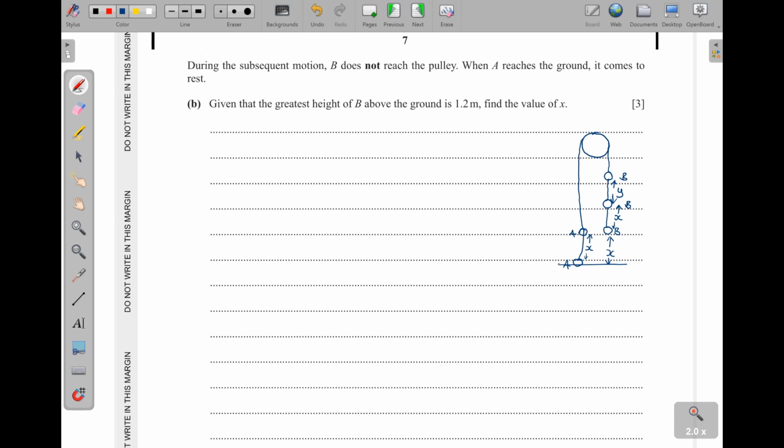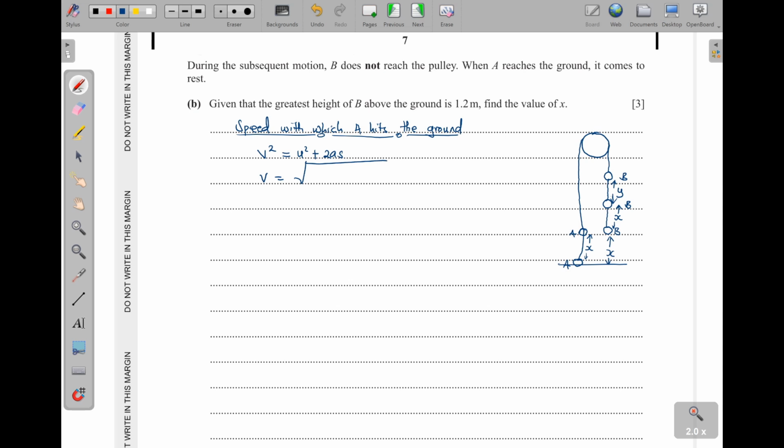Now, first, we are going to find the speed with which A hits the ground. So using the equations of motion, V squared is equal to U squared plus 2AS, we can have our V here, which is equivalent to the square root of this.